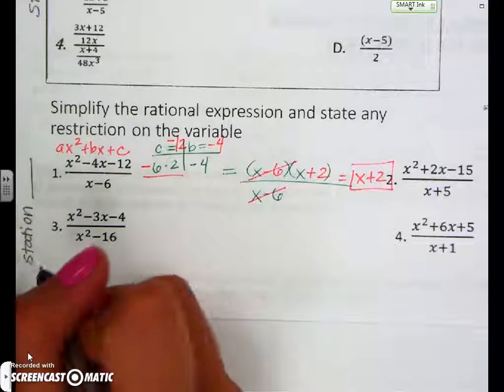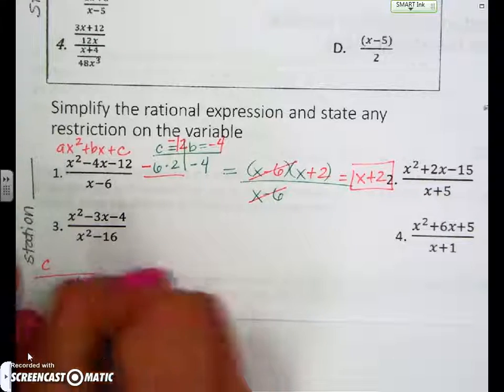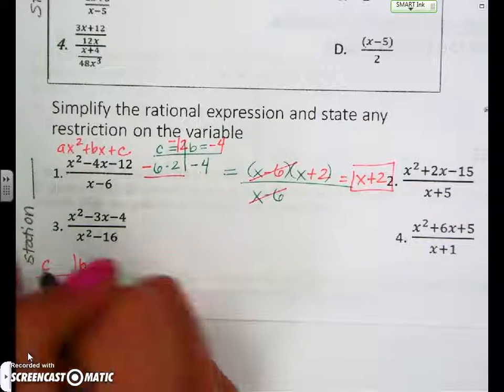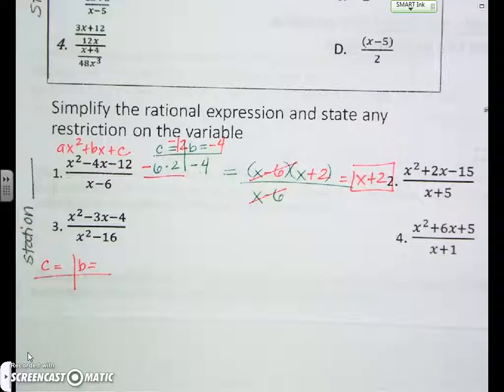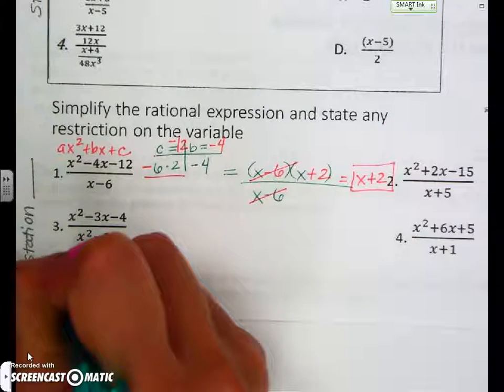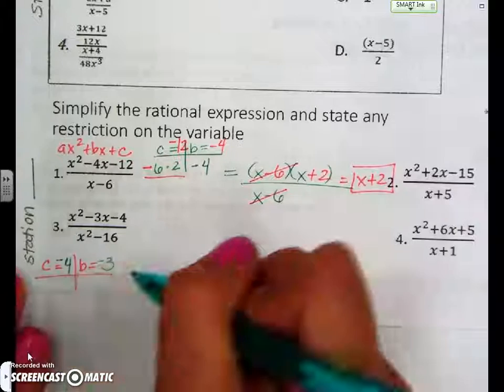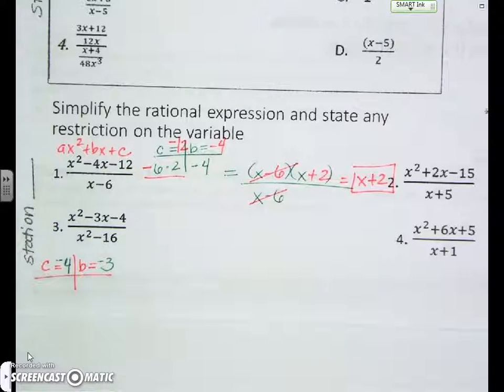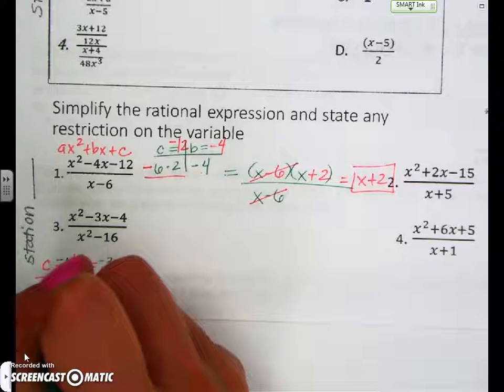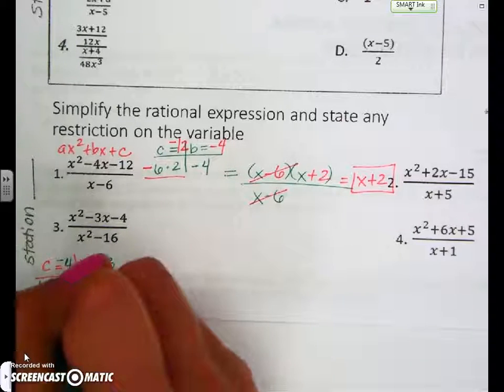Questions? So let's do that really quickly. Since number 3 has 3 terms, let's go ahead and build our CB table. What is the value of C? Good. And B? Good. So now within your team, decide what numbers can I multiply together to get -4 that add up to -3. Okay, so 1 times -4 gives you -4.